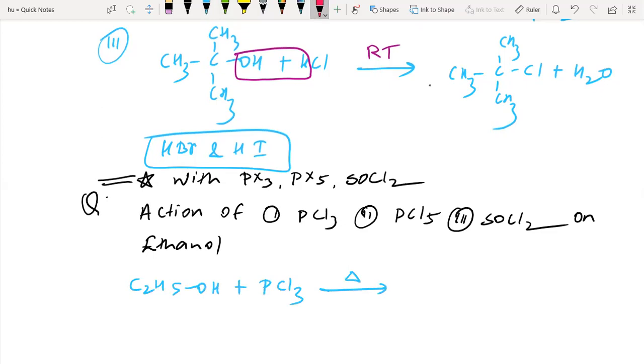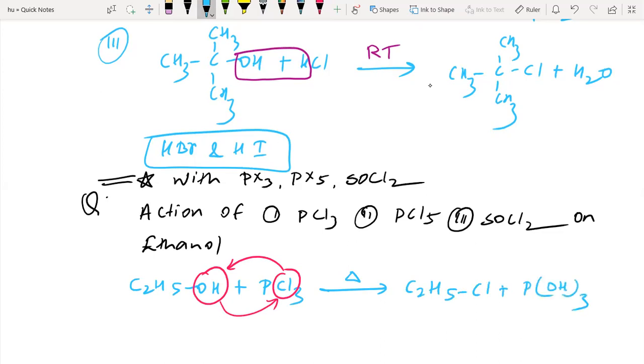If you want to get the product, generally what we can do is an exchange: Cl goes to the place of OH, and OH goes to the place of Cl. The rest I'll explain, which bond breaks here. Just to get the product in an easy way, it's simple to remember. Here we get ethyl chloride and P(OH)3.